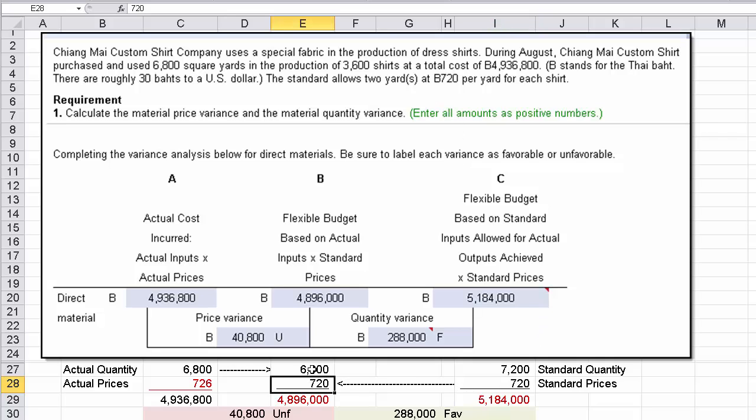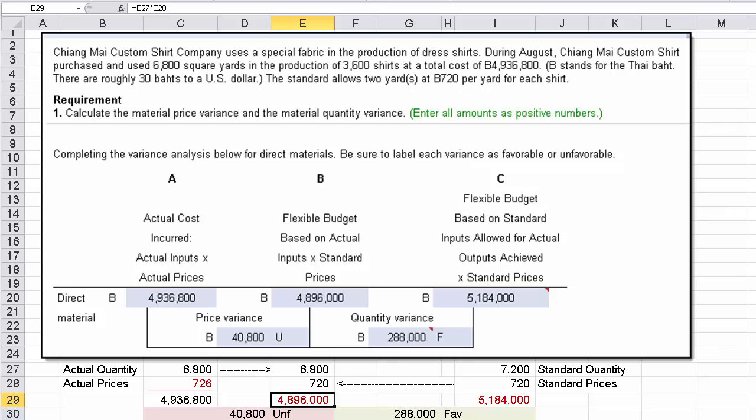Now we have the middle 2 values. We multiply the quantity times the price. That's how we come up with our middle value, which represents the flexible budget baht amount based on actual inputs times the standard price. The difference between these two numbers will give you a variance. That's the price variance.